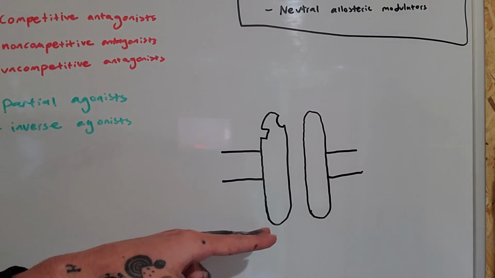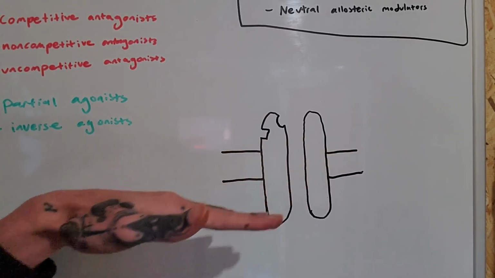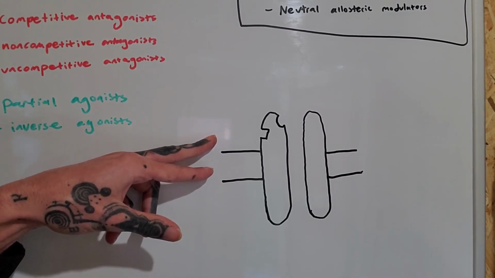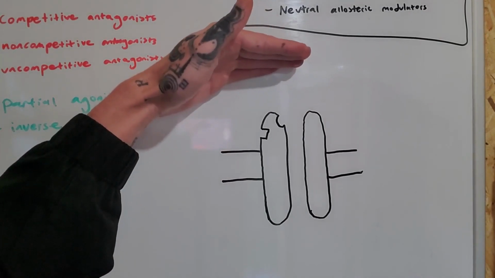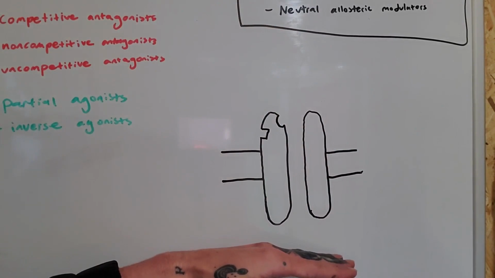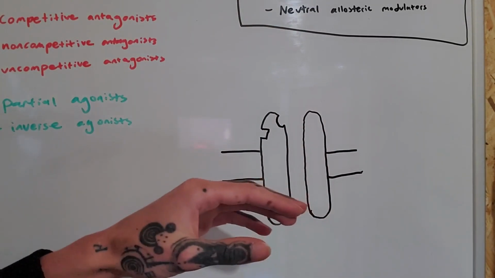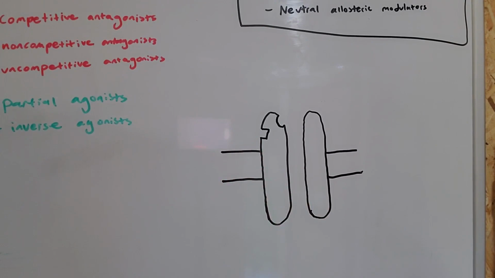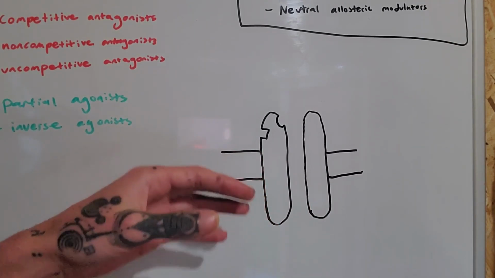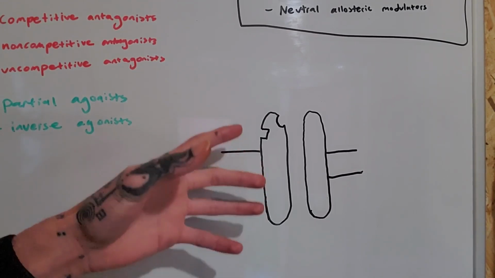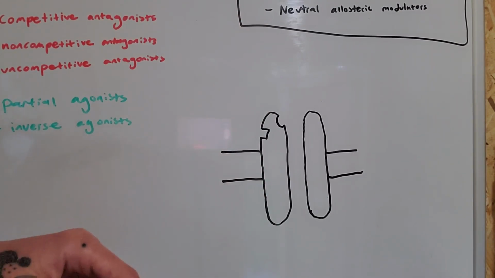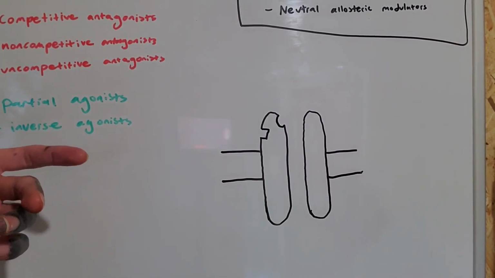For illustrative purposes, I've drawn this as a side view, where this is the membrane, the cellular phospholipid bilayer membrane. This would be extracellular space outside of the neuron. This would be intracellular space inside of the neuron. And receptors are generally comprised of multiple subunits. In the side view, it's very simplified. It looks like just two units and a pore through which ions can travel.